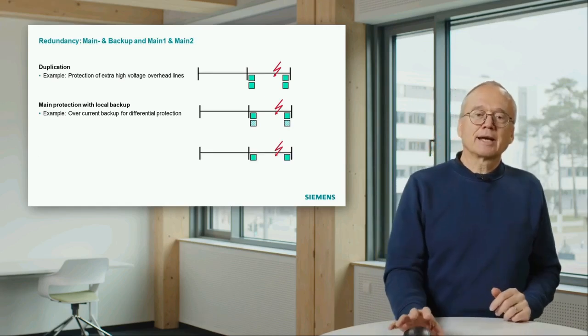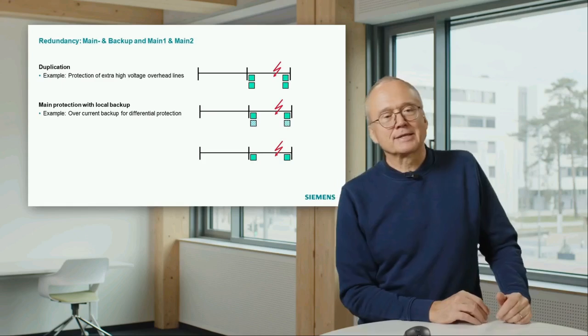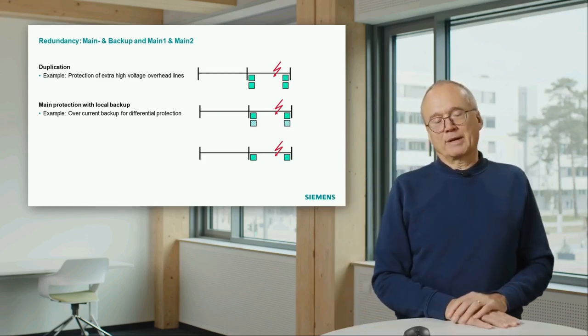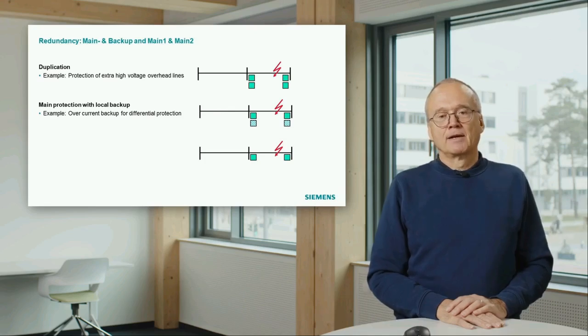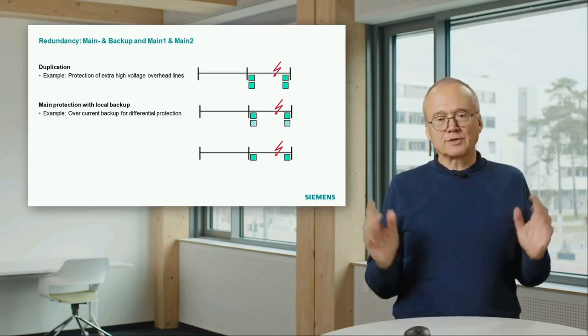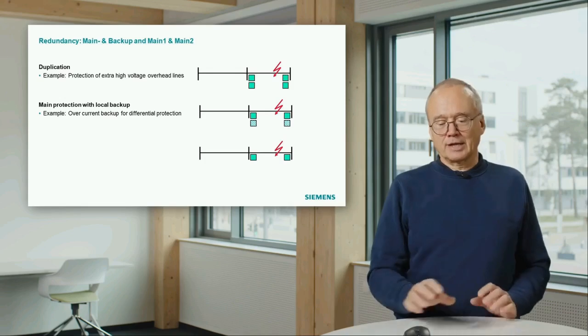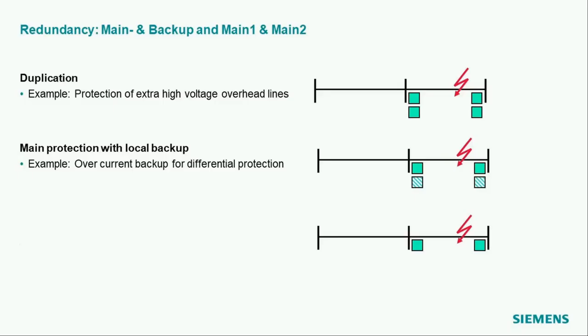And the last thing I would like to mention here is the so-called remote backup. Imagine you again have the same situation, a line with two distance relays or two overcurrent relays on both sides. And then we can make a tricky design, and that really saves money because you don't have to install separate devices for backup.